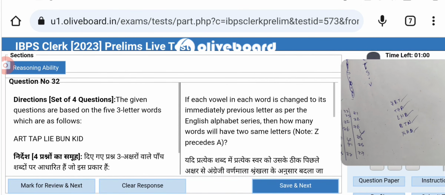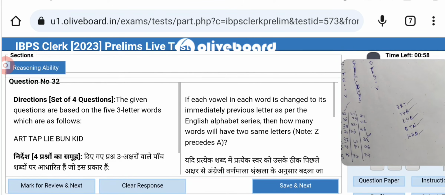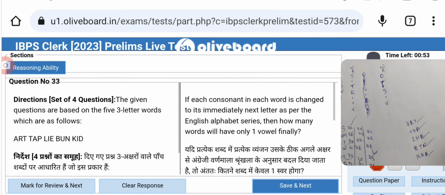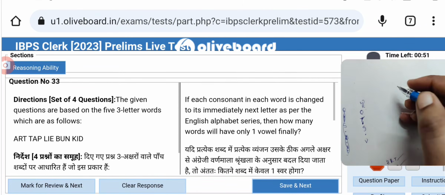How many words will have 2 same letters? I think it's none. If each consonant of each word is changed to the immediately previous one. Next.